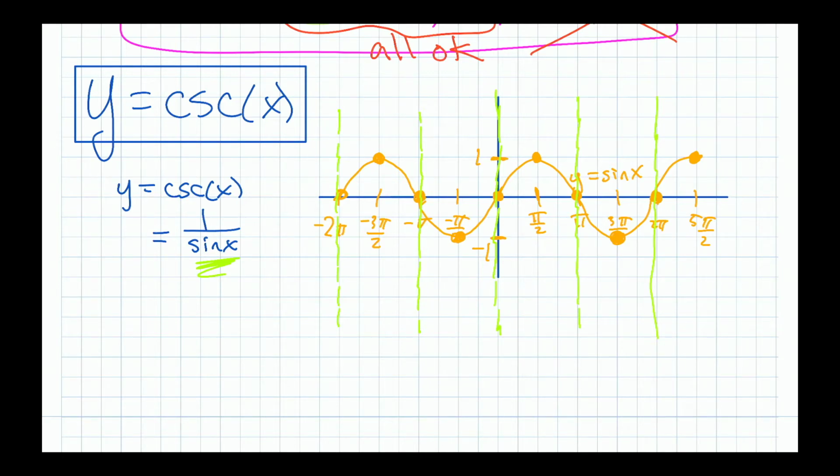And then in between each set of asymptotes, we know what to do, right? Because we've done it already. So what's it do? It goes like that. And actually all the numbers are the same. So I'm not going to go into a lot of detail here.